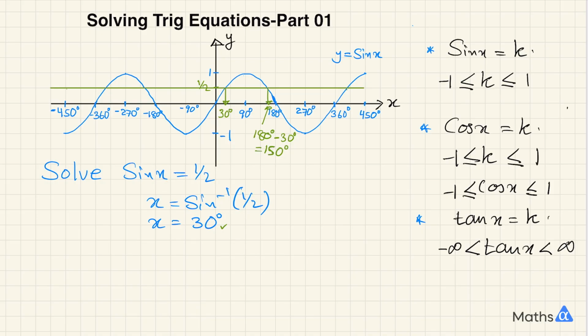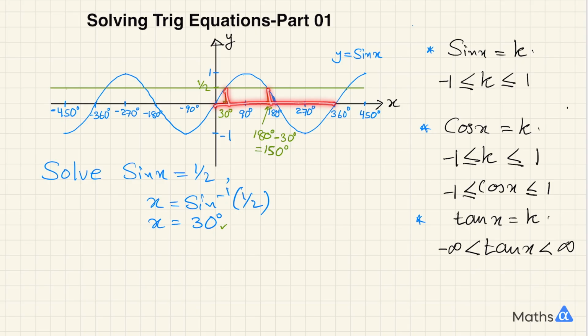Therefore, in the future, when they ask you to solve this trig equation, they would advise you to write the solution in a particular interval. If I want to write solutions between 0 and 360, we have only two solutions.